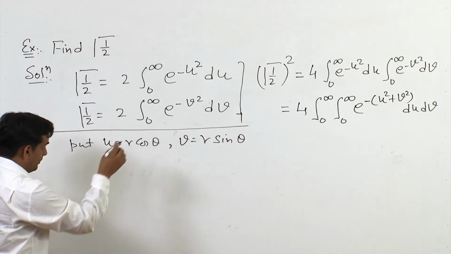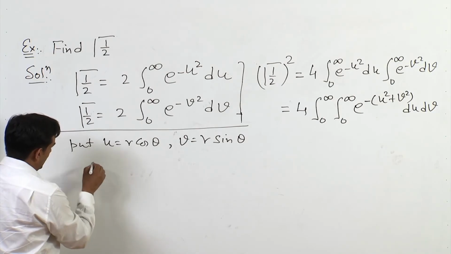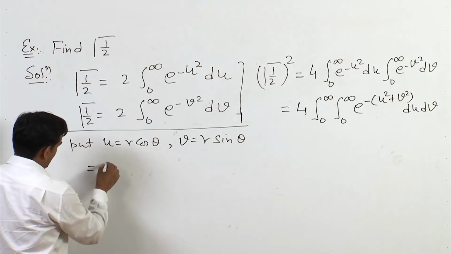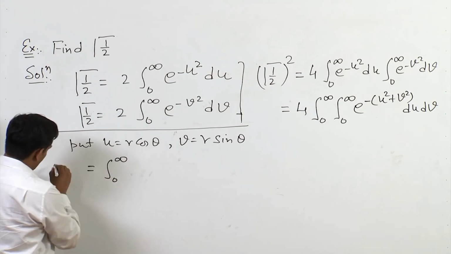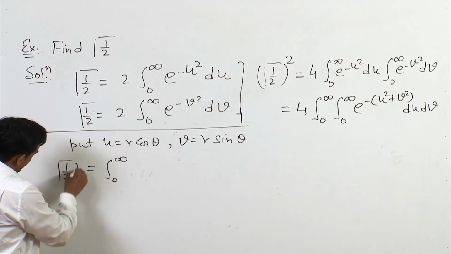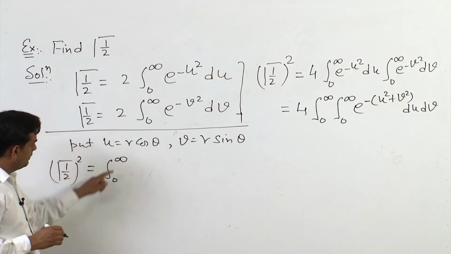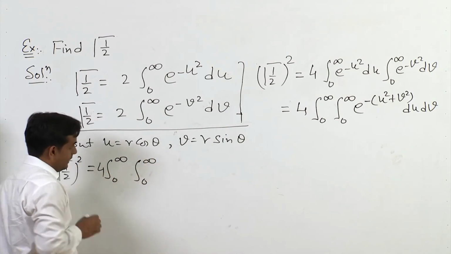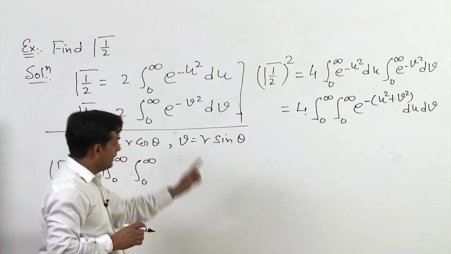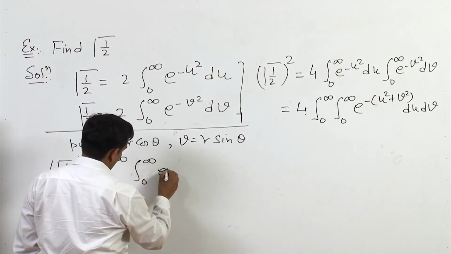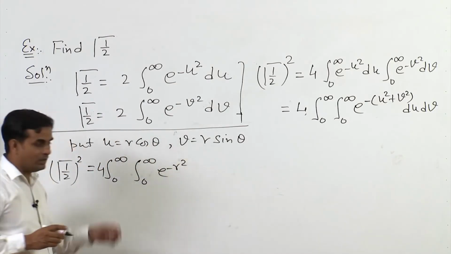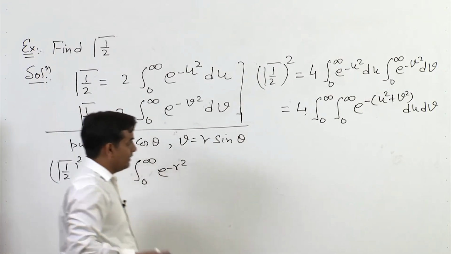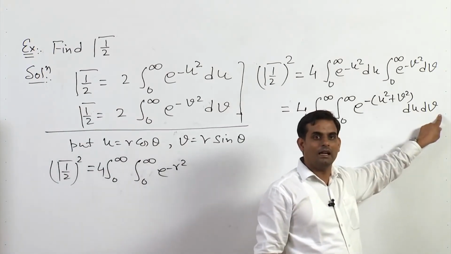So, from here the integral will become gamma half square equals 4 times the integral from 0 to infinity, for I am having already here e raised to power minus r square, and as you know du dv will become r dr d theta.